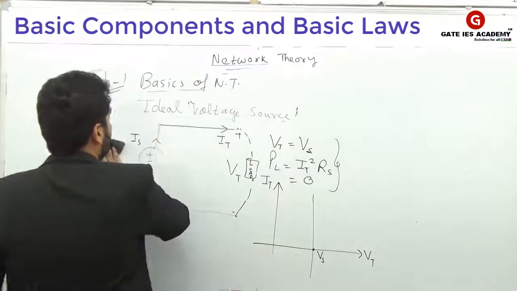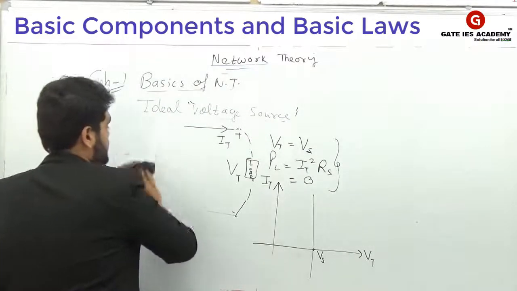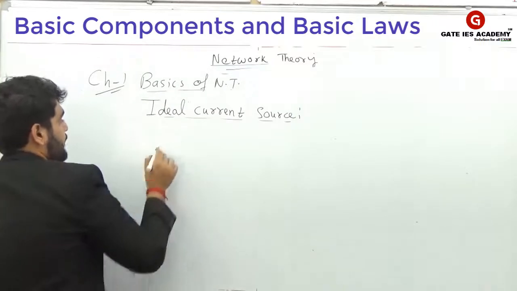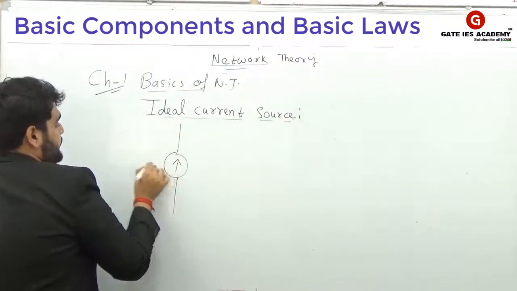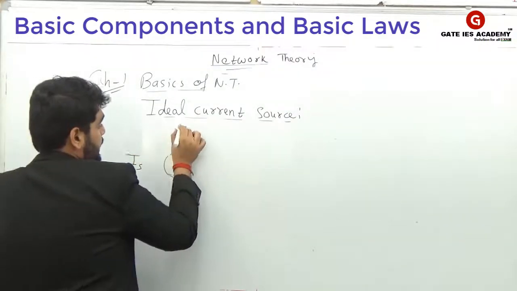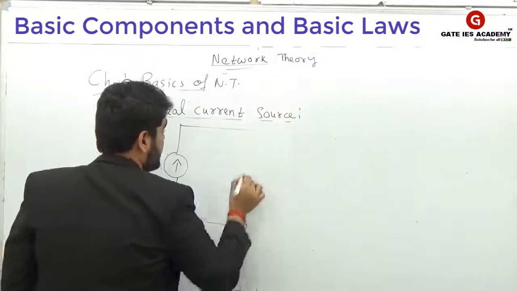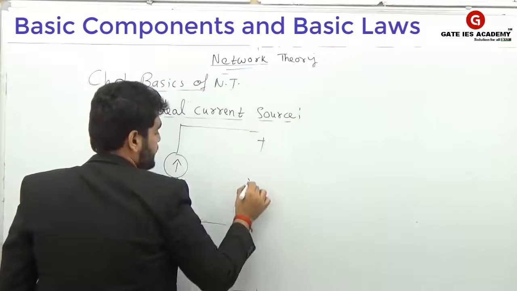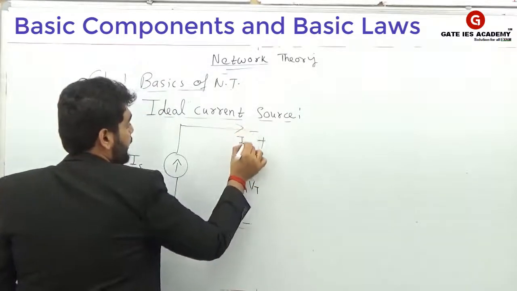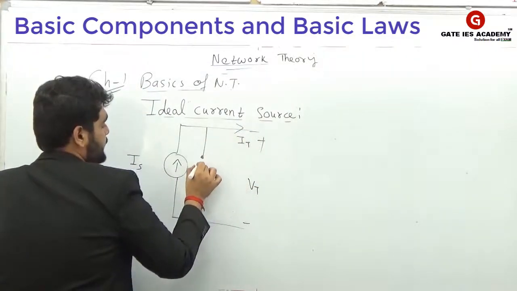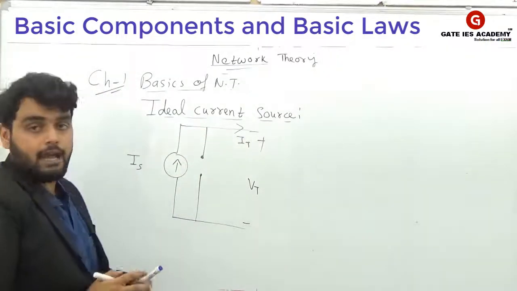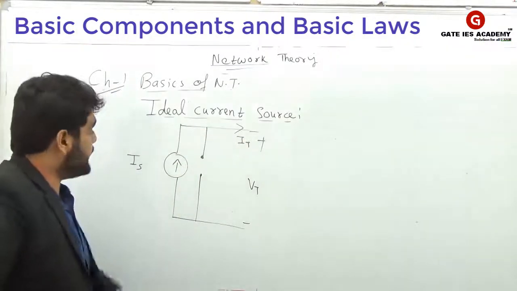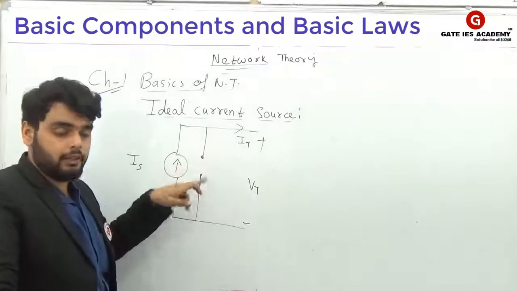Now, ideal current source. After the ideal voltage source, we have an ideal current source. So what is a current source? It provides a constant current irrespective of the voltage across it. Irrespective of the voltage across it. And in an ideal current source, we have an open circuit here, okay?